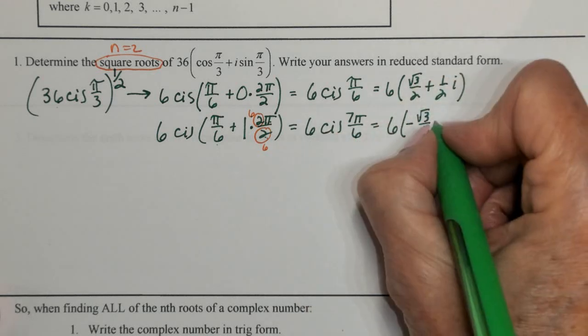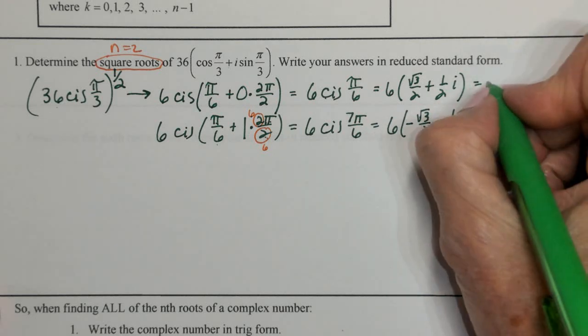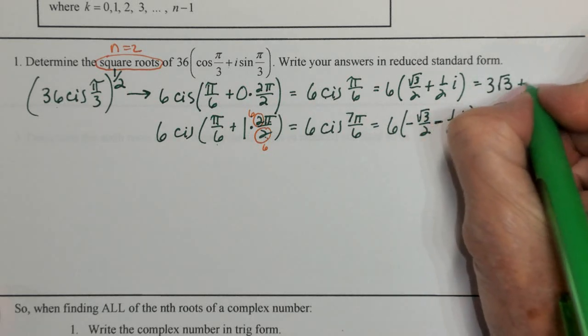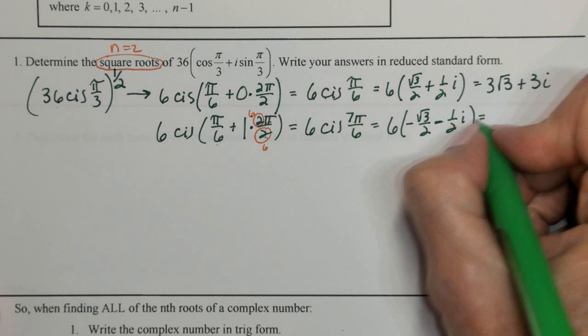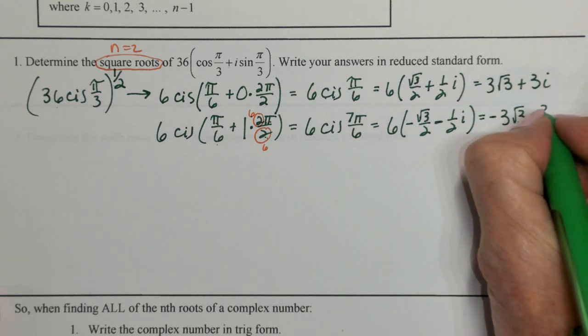Sine of 7 pi over 6 is minus 1/2 i. So this will be 3 square root 3 plus 3i, and this one will be negative 3 square root 3 minus 3i.